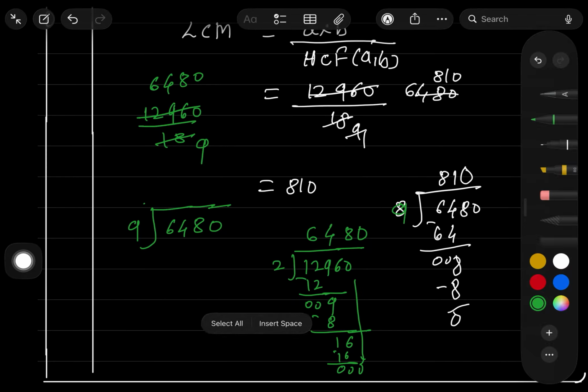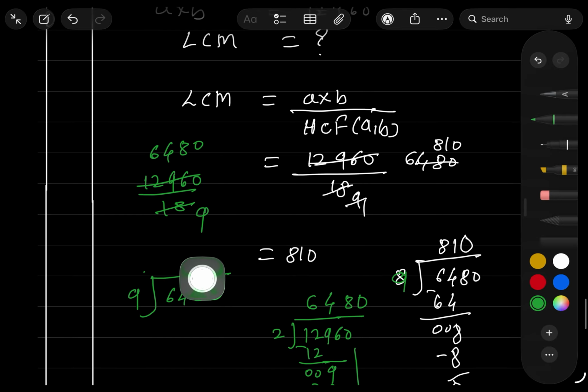Dividing by 9, what will come? See, 6,480 divided by 9. The first number is 64. 9 eights are 72.